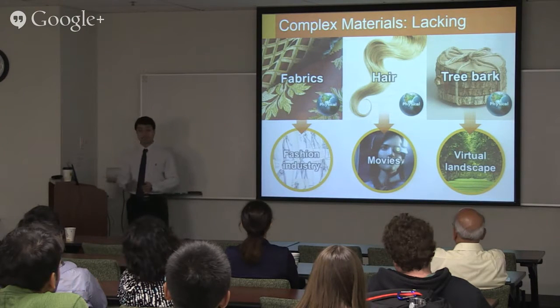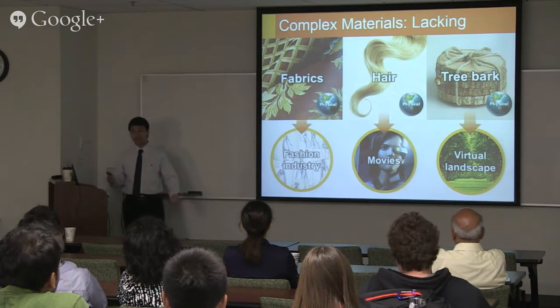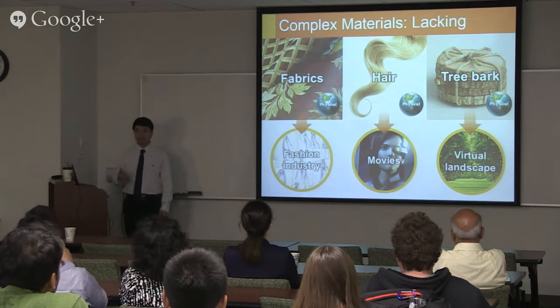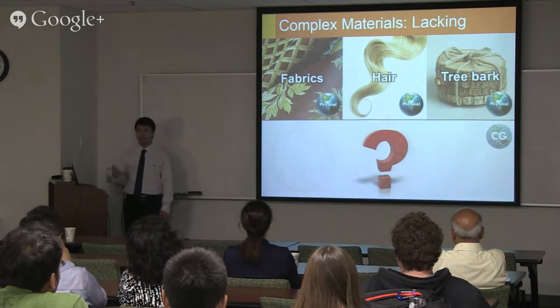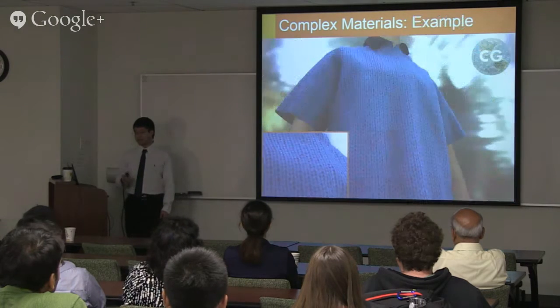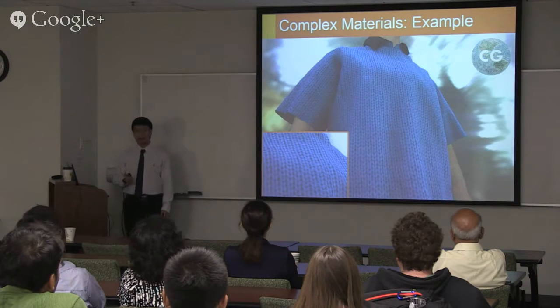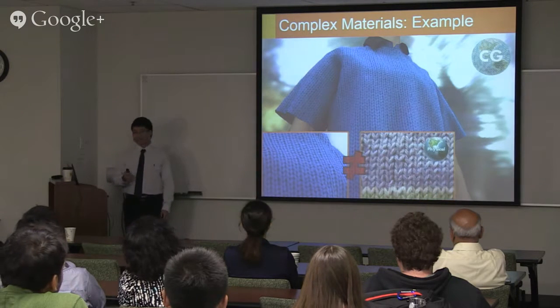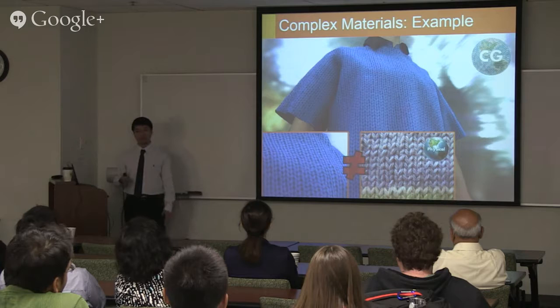For more complex materials that are important to many other applications, unfortunately, computationally reproducing their appearance remains a challenge. Let's look at an example. Here we show a computer-rendered sweater. It doesn't quite look like a real one.